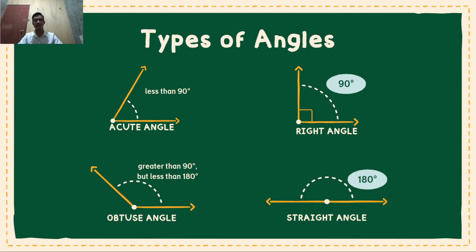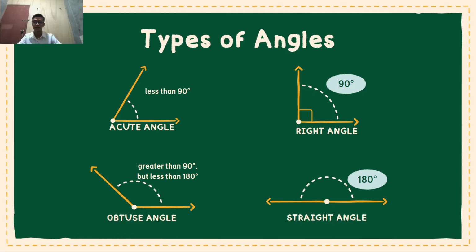Again, we have the acute angle. It is less than 90 degrees. We have the right angle, the second one. It is exactly 90 degrees. And the obtuse angle is greater than 90 degrees, but less than 180 degrees.